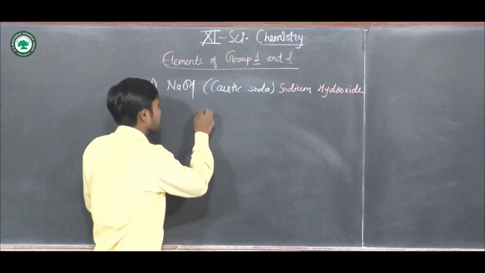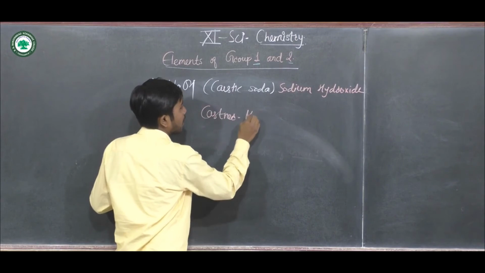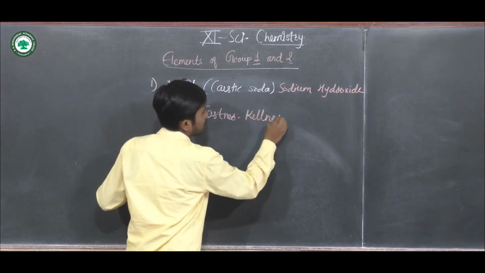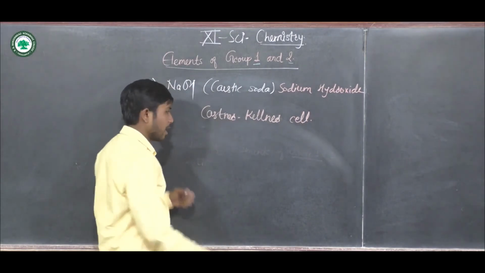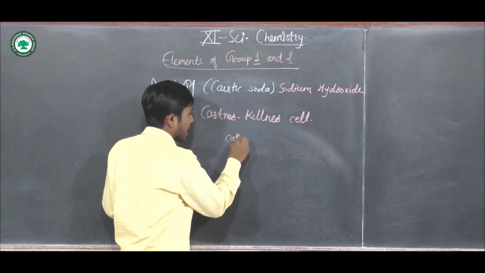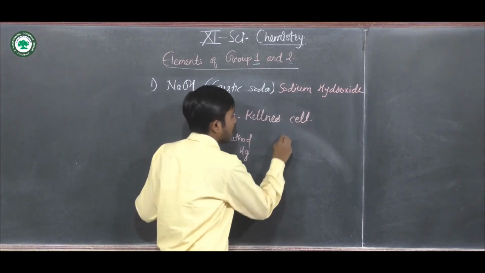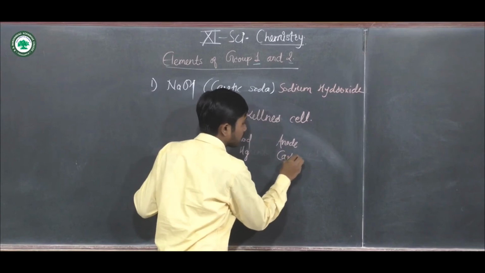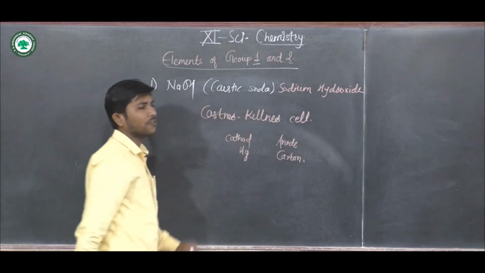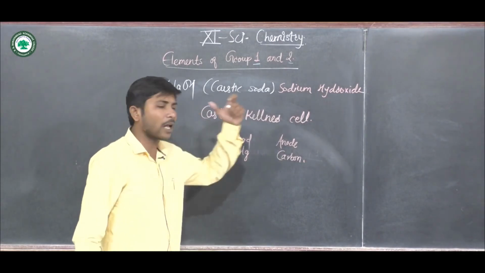In the Castner-Kellner cell, the cathode is mercury and the anode is carbon. Two different reactions are carried out separately at the cathode and anode.